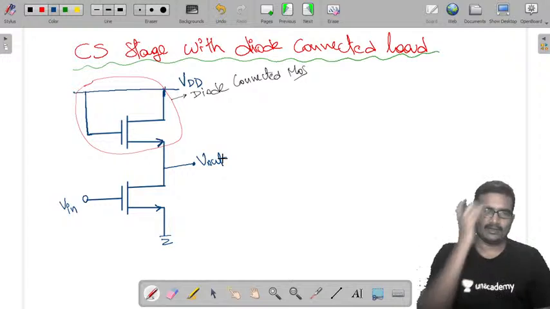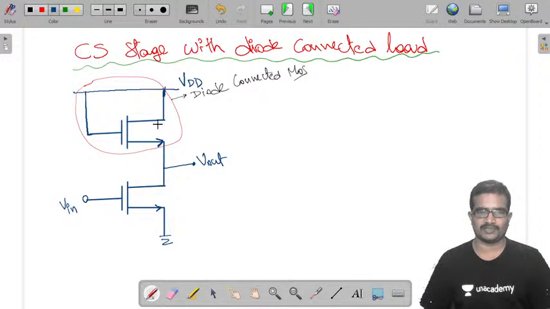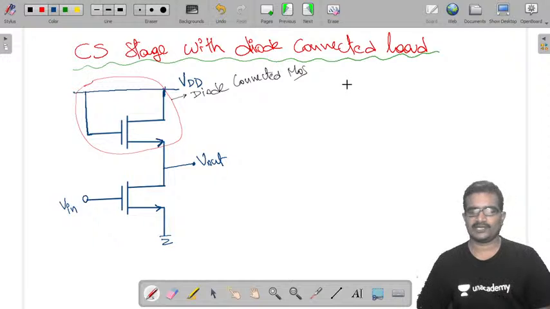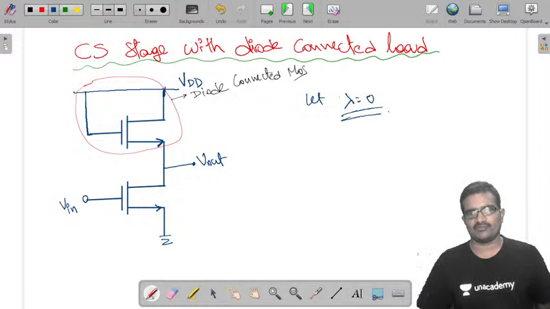Now I am going to replace this MOS by its small signal equivalent and take the gain of it. First, let lambda be 0, that means omitting channel length modulation.